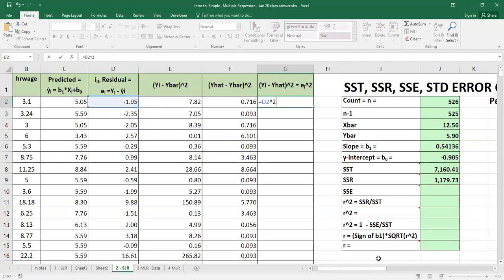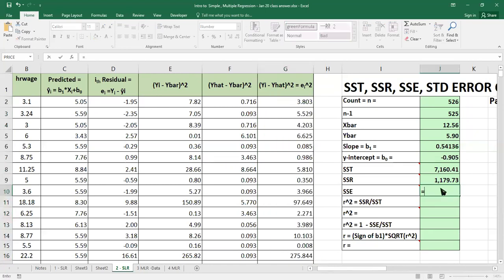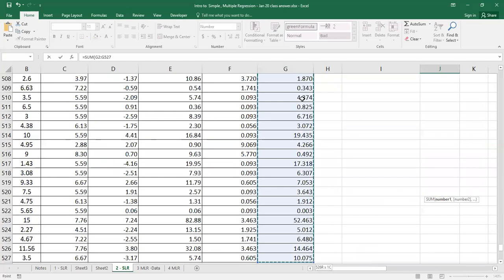Yung residual, di ba yung difference between your actual and your predicted value? So that's your residual. And we need to square that kasi kailangan natin. Ito ngayon yung SSE. Pag sinamap natin yan. The decimal place naman. Okay? So your SSE is now sum of the squared residuals.